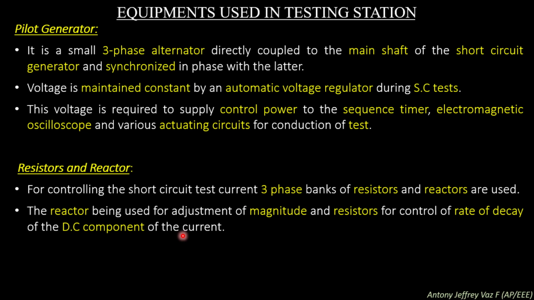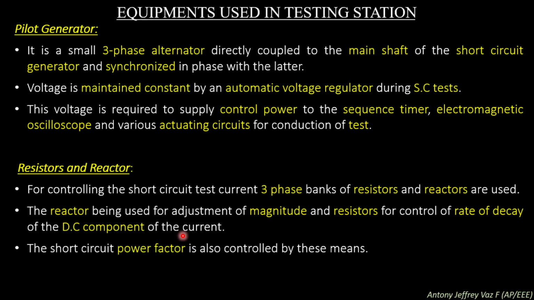So, the resistors and the reactors help to adjust the magnitude of the short circuit current. Short circuit power factor is also controlled by these means. So, the short circuit current and the power factor can be controlled with the help of resistors and reactors.